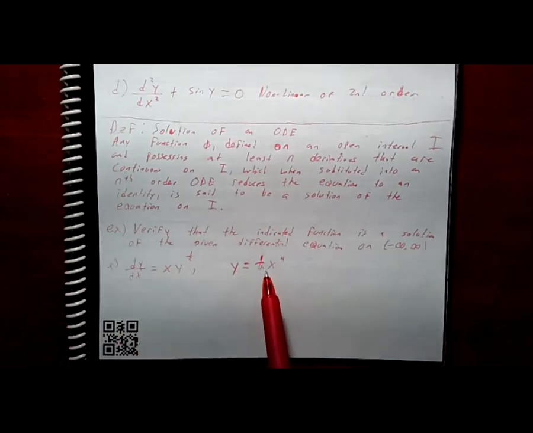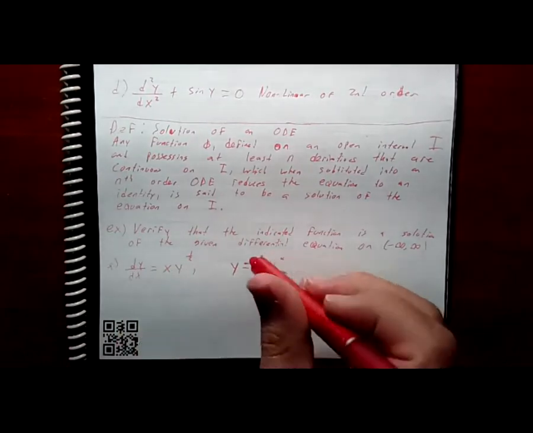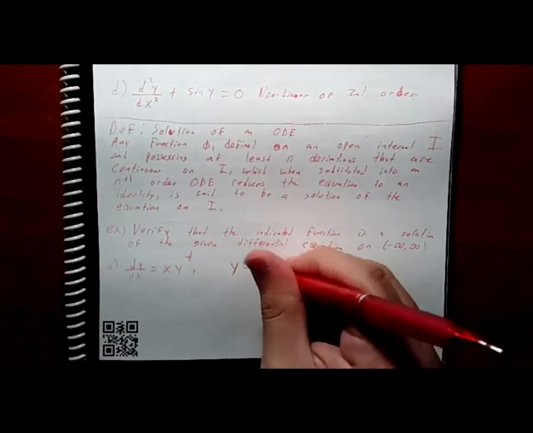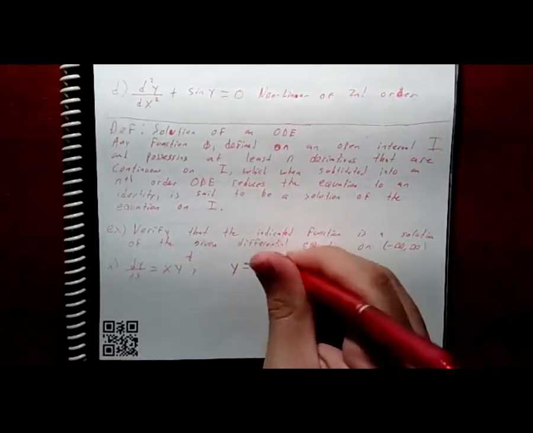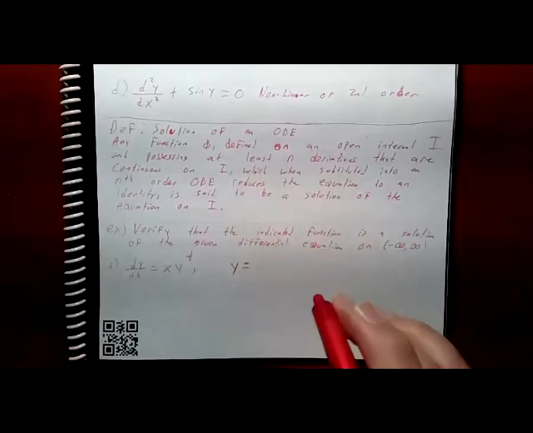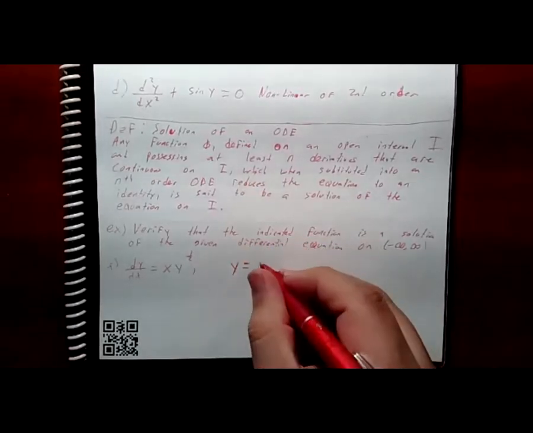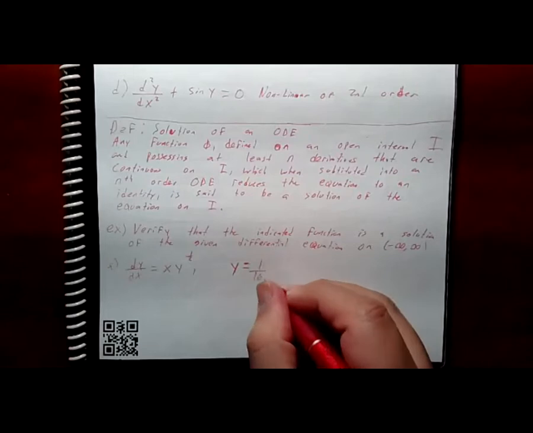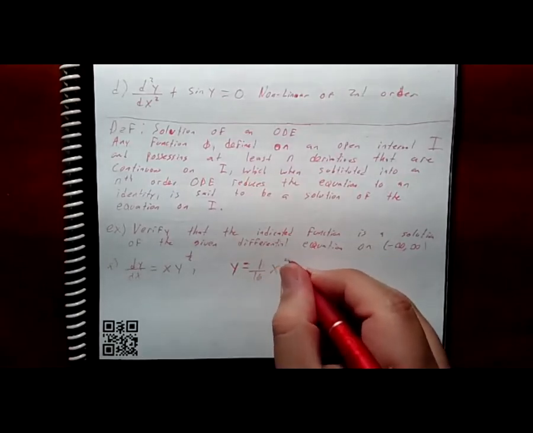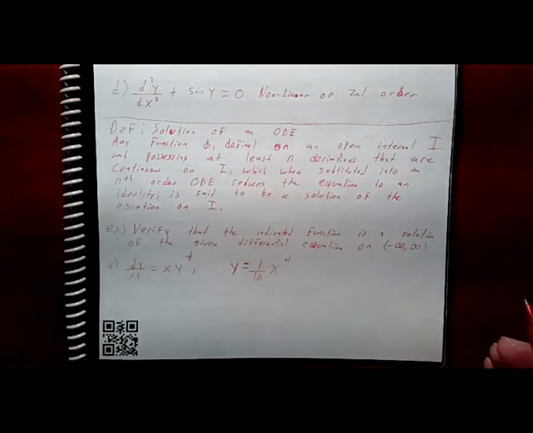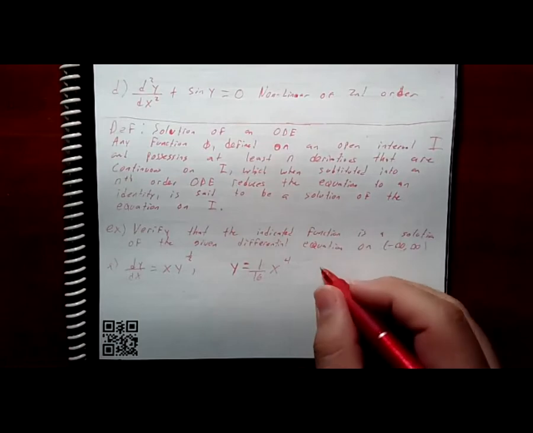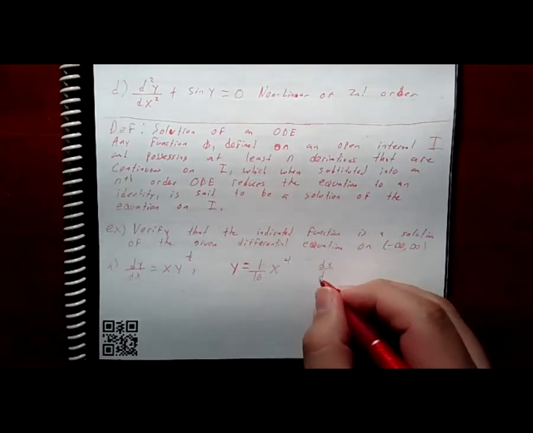I don't know why I wrote that so weird. That's 1 over 16 x to the fourth. So we're going to need dy dx, right? I'm going to plug that in.